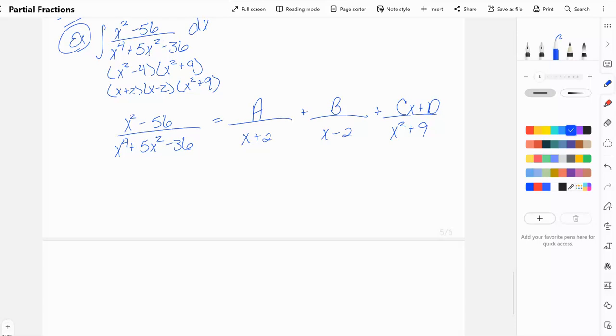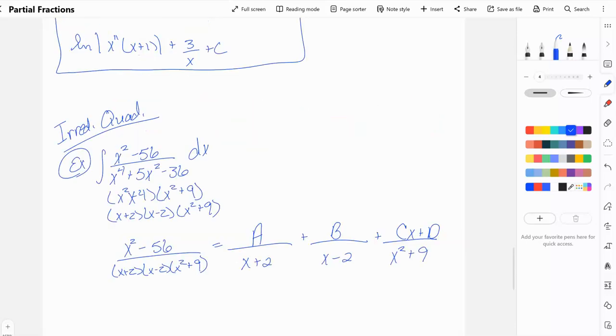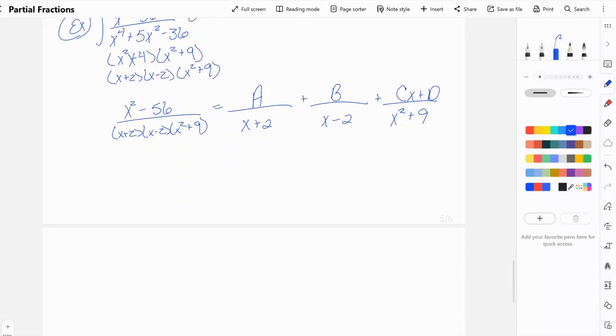So just like before, we're comparing this side to this side, but we need a common denominator over here, and it always has to be that least common denominator. I'm going to rewrite this as that factored form: x plus 2, x minus 2, x squared plus 9. So I'm going to have x squared minus 56 equals, this fraction needs to be multiplied by x minus 2 and an x squared plus 9.